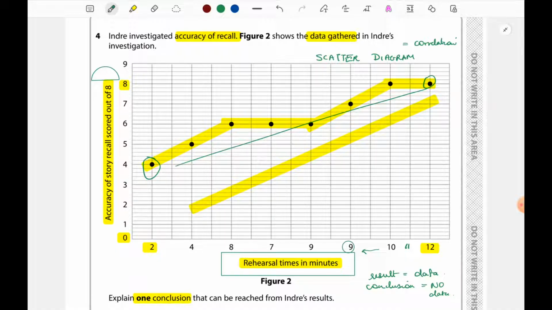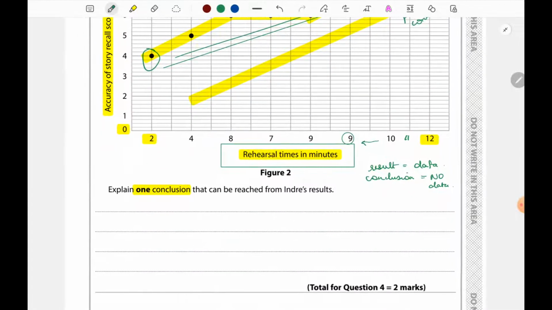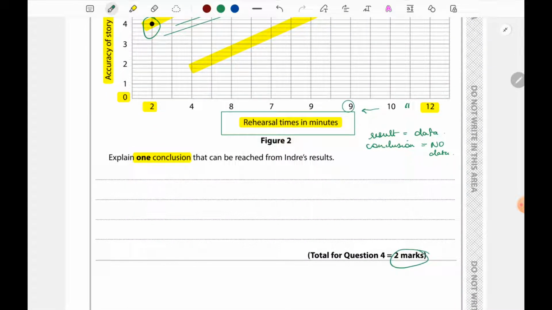So now, keeping in mind that this is a correlation diagram, we look out for the trend of correlation, which I've already explained. There is a rising line from left to right, which always indicates positive correlation. So it is a positive correlation. But if we just state it's a positive correlation, the marks allotted are 2. So definitely we are not scoring just for stating that it's a positive correlation. That will just give us 1 mark.